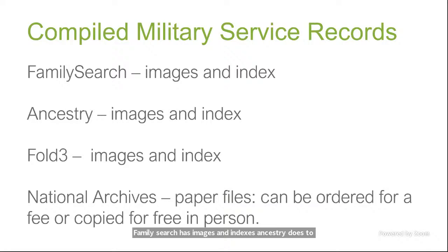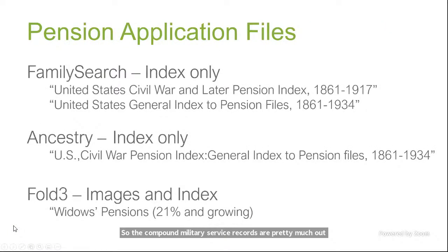You can order them for a fee, or you can go to the National Archives when it opens back up in person and get them for free that way. So the compiled military service records are pretty much out there digitally. Now, it is possible that your veteran might not have a compiled military service record. So it doesn't mean they didn't serve.